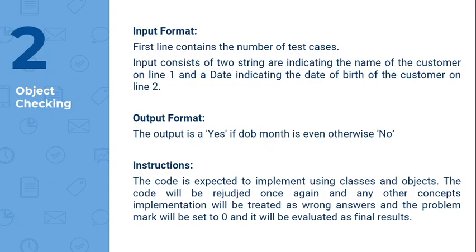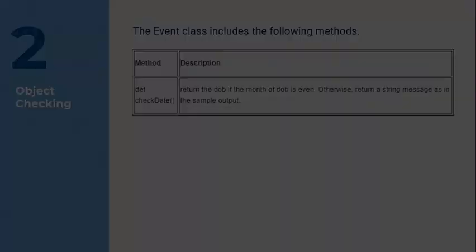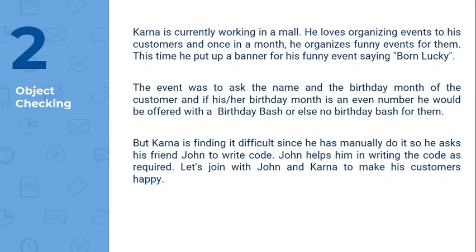The output format is yes if the month in the date of birth is even, otherwise a no. Make sure that the Y in yes is in uppercase, similarly the N in no is uppercase. And again, instructions: you have to implement this code using classes and object concepts. I believe you have understood the question. Now let us check the solution for this question.